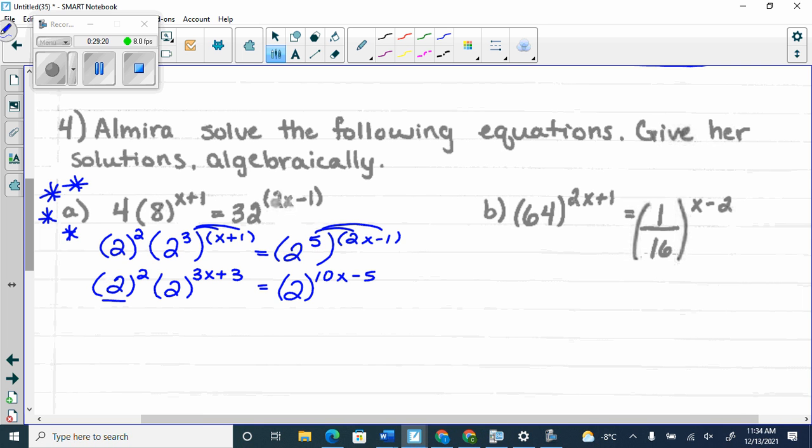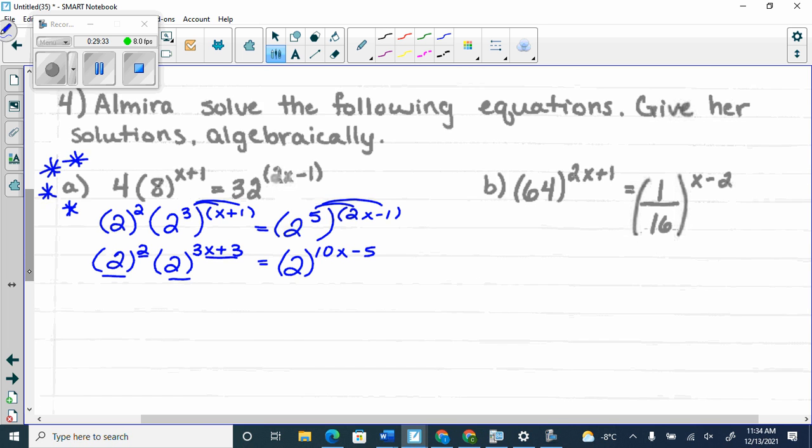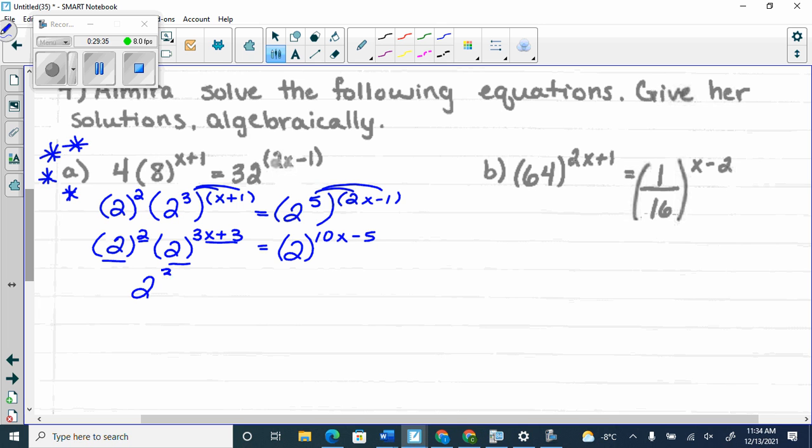Now what do you do when you have 2 bases and 2 exponents? What do you do with the exponents? 2 bases that are the same. Nope, you don't multiply. You add them. 2 bases and 2 exponents, when they're the same, you add your exponents. So you're going to get 2 to the 3x plus 5 equals 2 to the 10x minus 5.